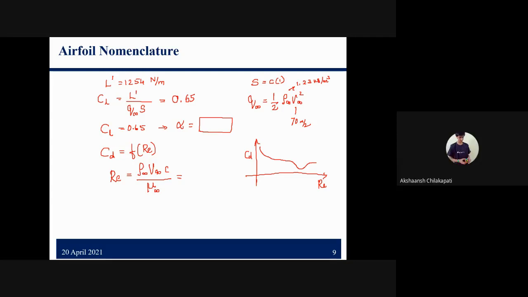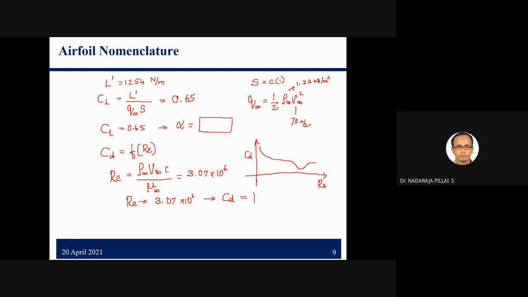So 3.07 into 10 power 6. Okay. So we have a standard graph for NACA 2412. I recommend you to use the John D. Anderson book and find, for the Reynolds number of 3.07, maybe 3.1 or something like that, the corresponding CD value.